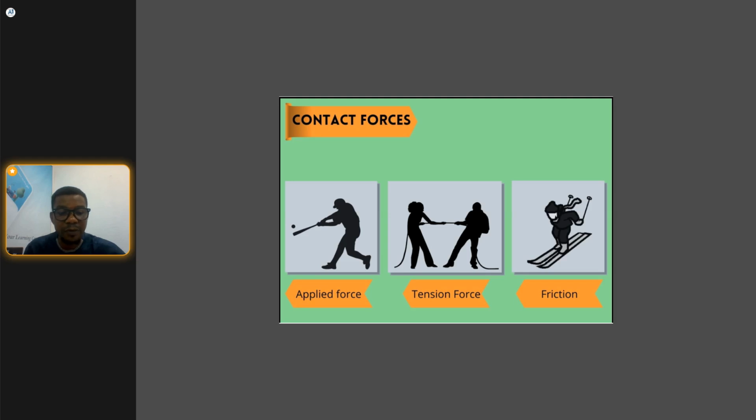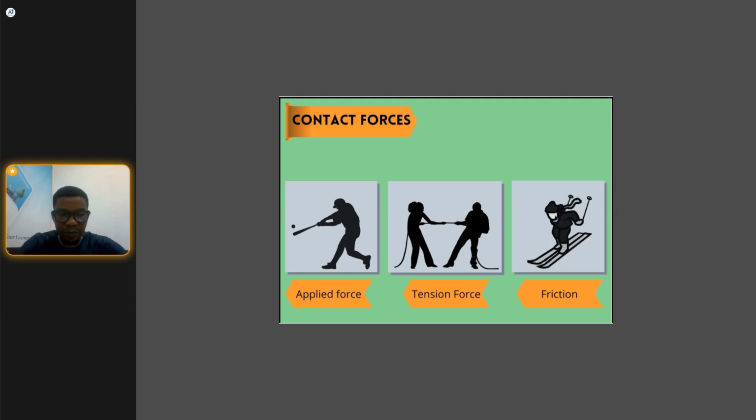This is contact force. What is contact force? Contact force is a phenomenon whereby an object moves or changes position when it's in contact with another object and force is applied. That is, there will be contact between the two objects when applying force.